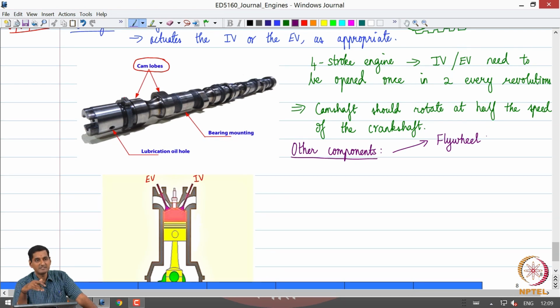We will see why that happens as we discuss a 4-stroke engine. So, the flywheel is essentially used to smoothen out torque fluctuations. That is one primary purpose of the flywheel.